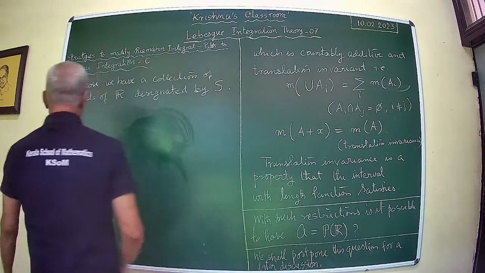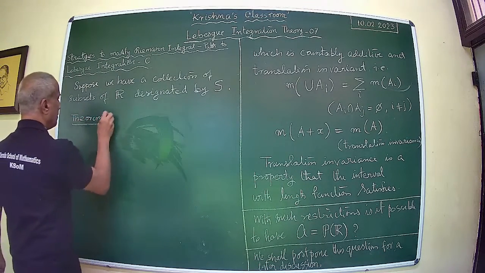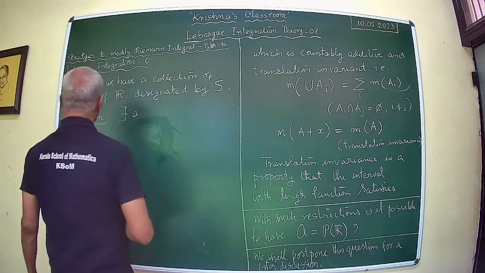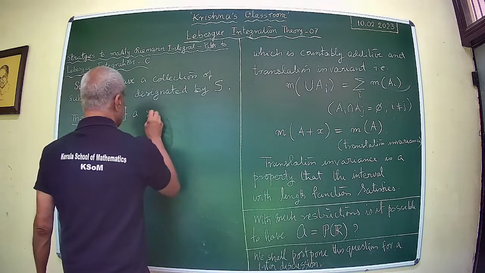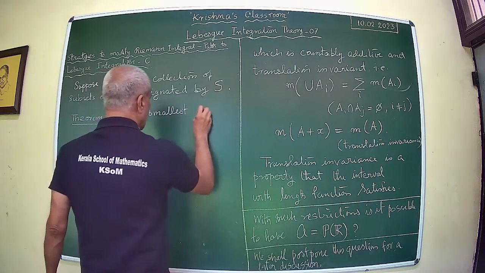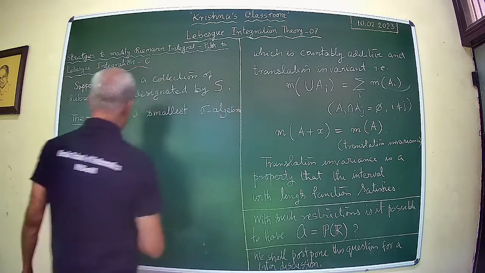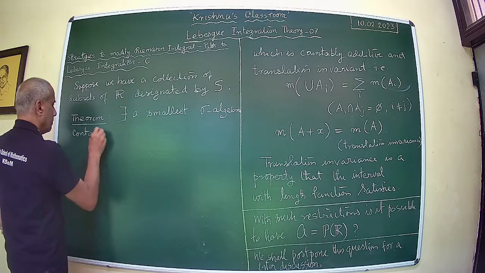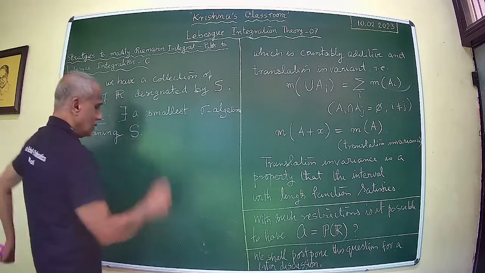So then what you have is this. There exists a smallest sigma algebra containing S.